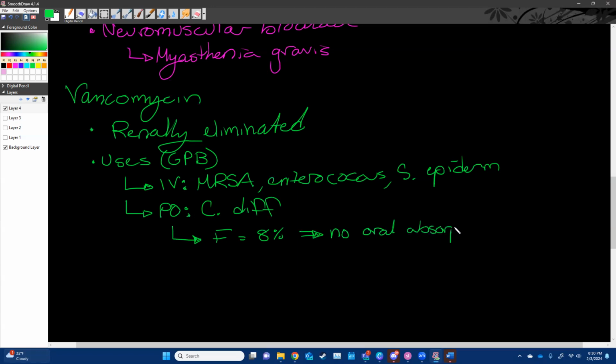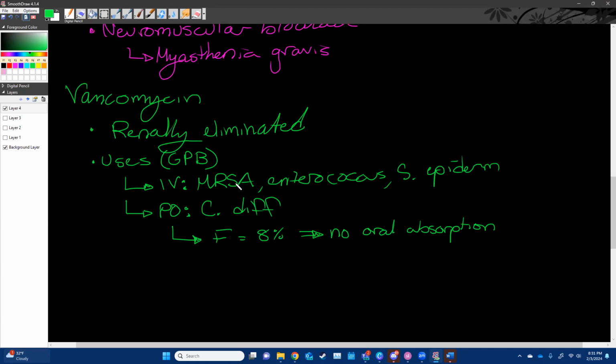So we can only really use it for gram-positive bacteria in the gut. So what is that primarily going to be? C. diff. So the only use you should ever pick for oral vancomycin is C. diff. Oral vancomycin doesn't work for anything else.